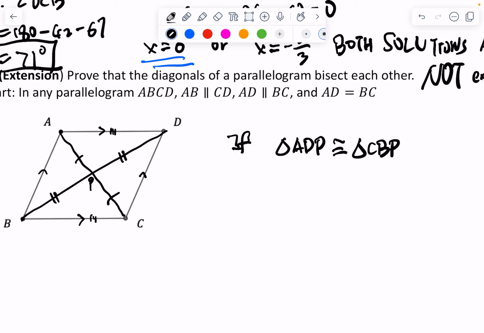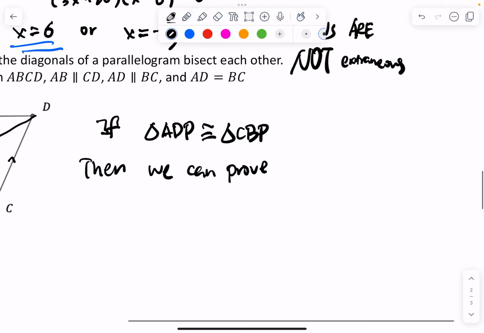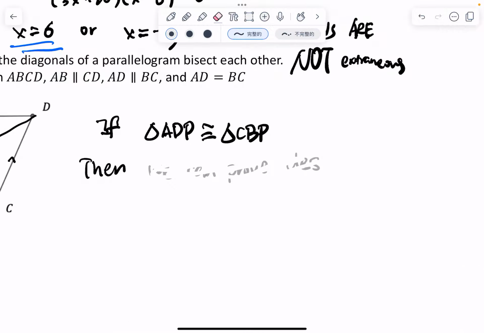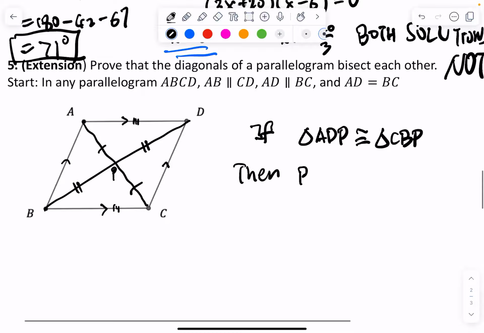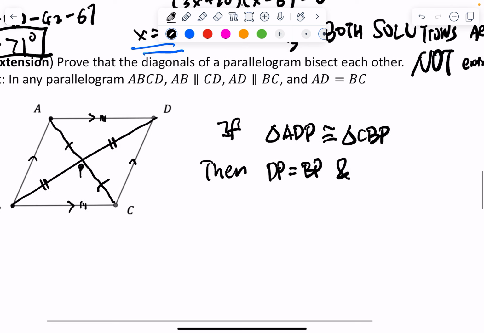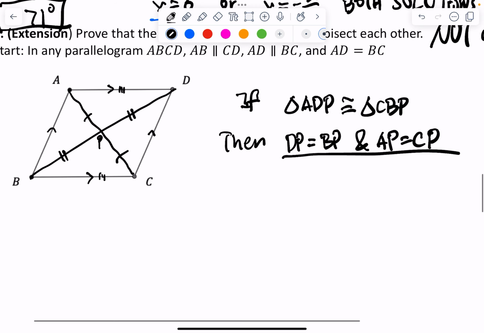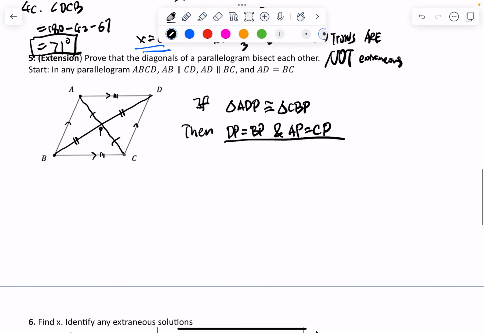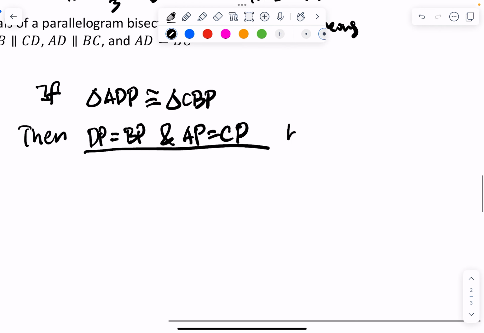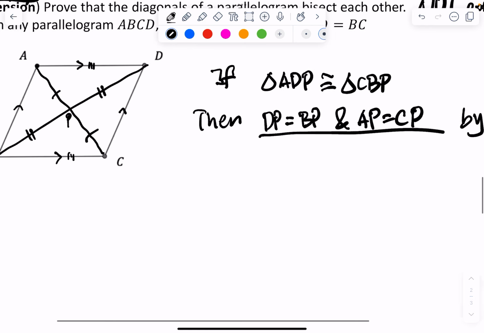If we can prove this, then we know that DP equals BP and AP equals CP. So all we have to do is prove that by CPCTC. Right? Because you have to write that.